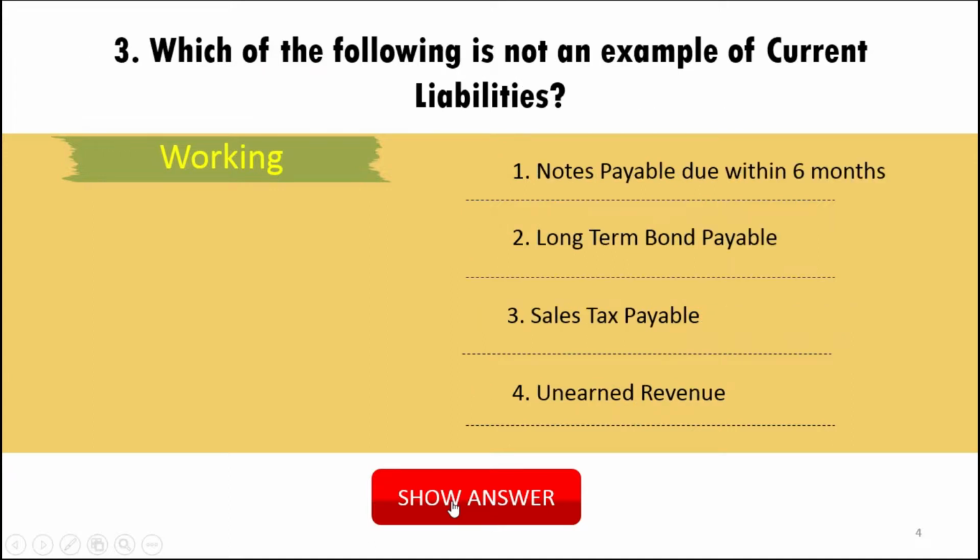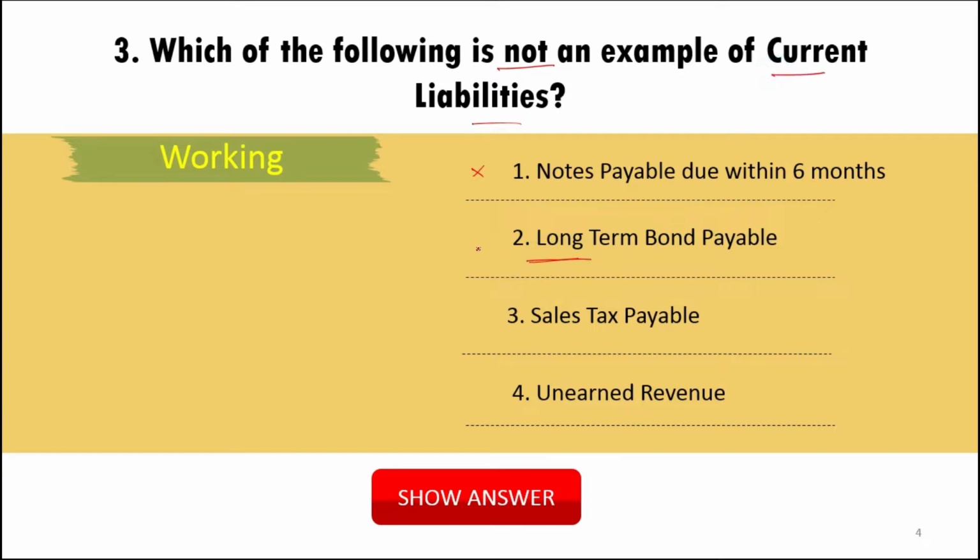Next question, which of the following is not an example of current liabilities? Notes payable within 6 months, yes, it is a current liability, so this is not your option. Long term bonds payable, yes, because of the long term it does not become a current liability.